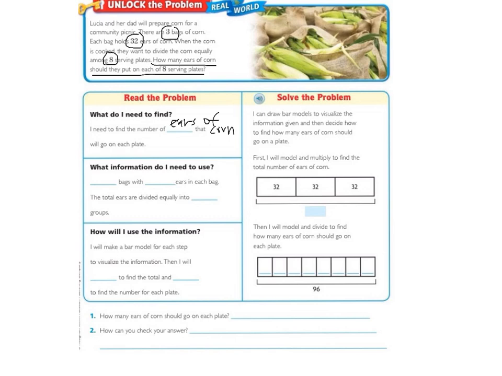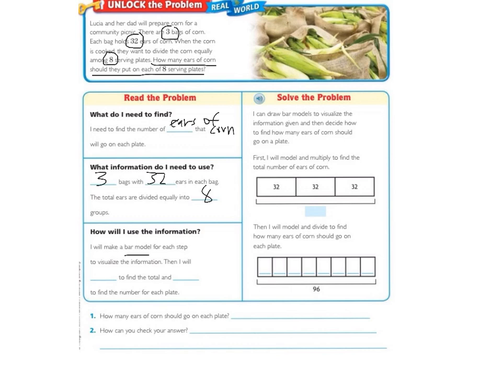We know that there are 3 bags, and each bag has, let's go back and look, 32. Each bag has 32 ears of corn in it. And the total number of ears of corn is then going to be divided into 8 groups. And we're going to make a bar model for each step to visualize the information.